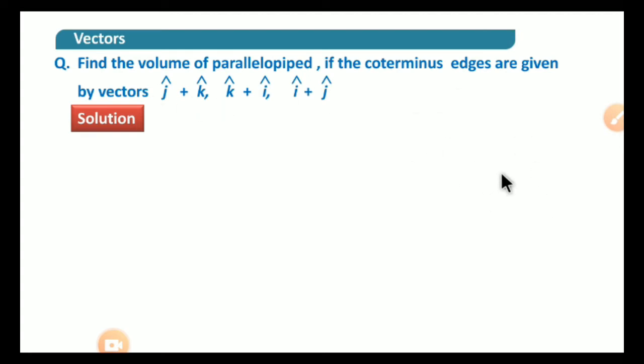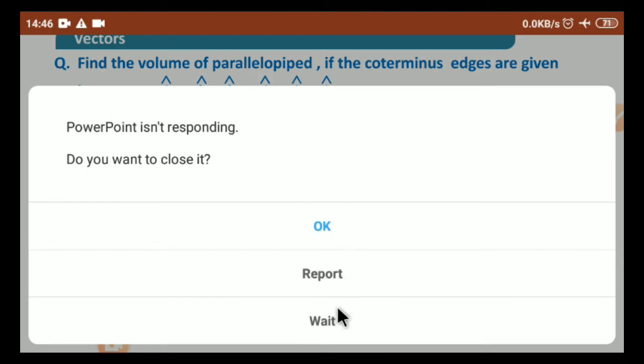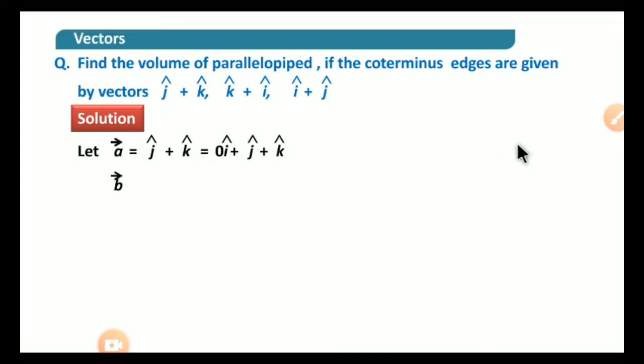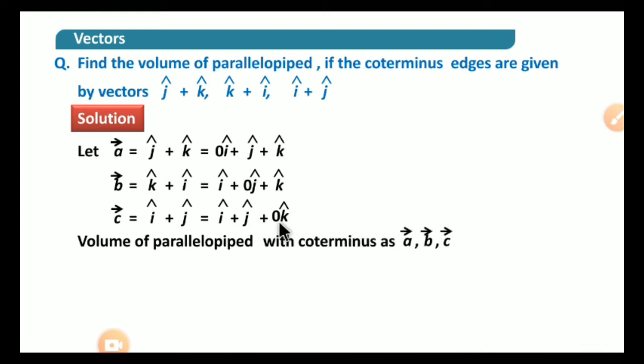Here the three vectors j plus k, k plus i and i plus j will be written as: let A vector be j plus k, means here the coefficient of i is 0. So I am going to write the standard form 0i plus j plus k, and B vector is equal to k plus i, which is i plus 0j plus k, and i plus j is C vector. So this is equal to i plus j plus 0k.